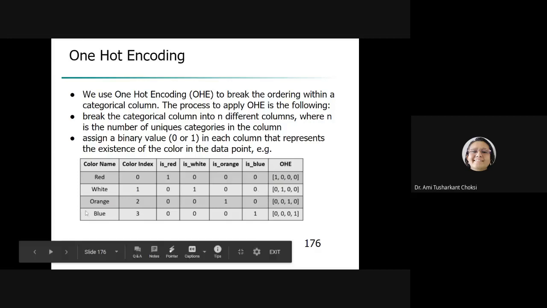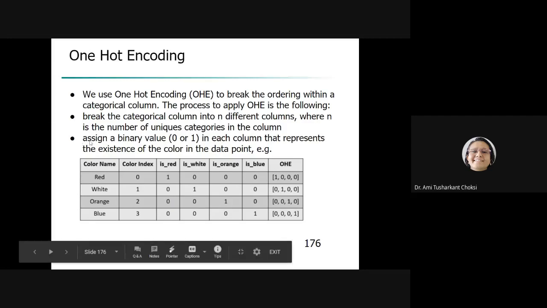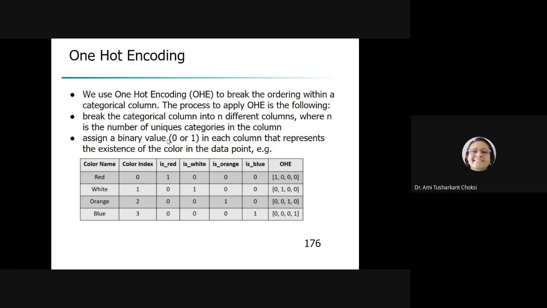For orange, the color index is 2. Is it red? You can say, madam, it is the mix of red and yellow, so we should have given some value here. No. It is because we assign a binary value. We are not mixing the colors, or the way we have hash numbers in HTML or any other language.